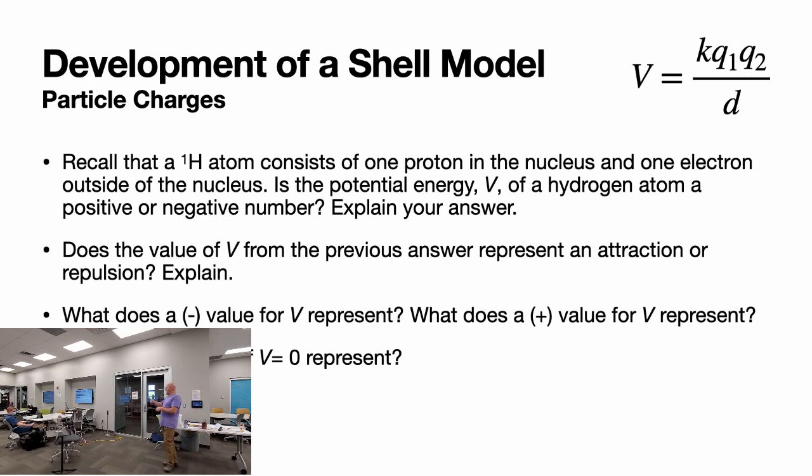And if you think back to the experiments that we looked at in the first week of school, they were all based around attractions and repulsions. You had the charged plates. Is it going to a positive plate or is it going to a negative plate? So the charge on something has been very important in discovering stuff. With neutrons, we had to take a different route. So, positive represents repulsion, negative represents attraction, 0 represents no interaction.